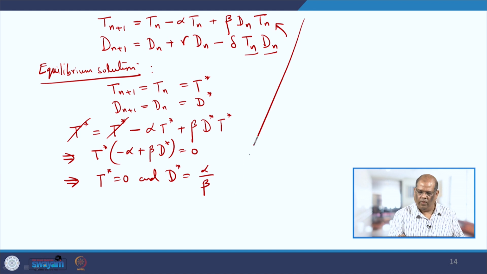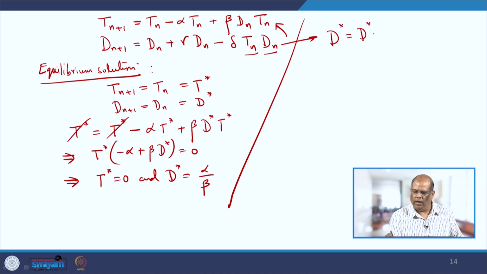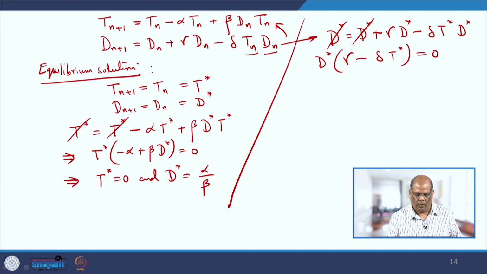Now, from this equation, you will get d star equal to d star plus gamma d star minus delta t star d star. So this and this cancel. If I take d star common, I get gamma minus delta t star equal to 0.